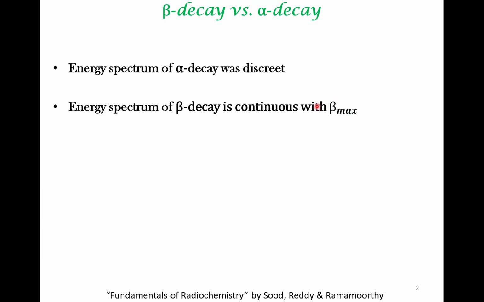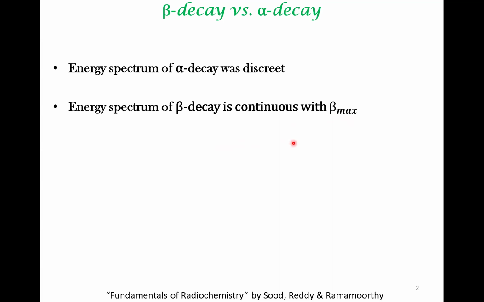What you see is that when you measure the kinetic energy of the beta particles, which are just electrons, you see that the energy is spread out from zero all the way to some maximum energy. Every energy point is present in beta decay.